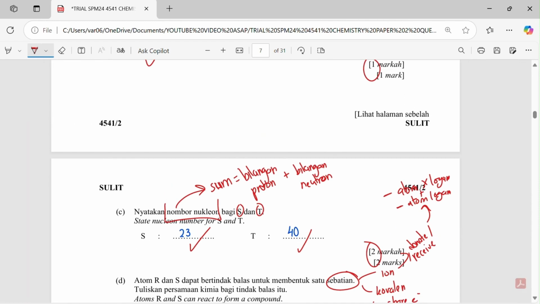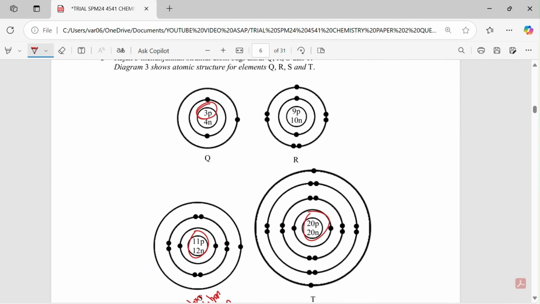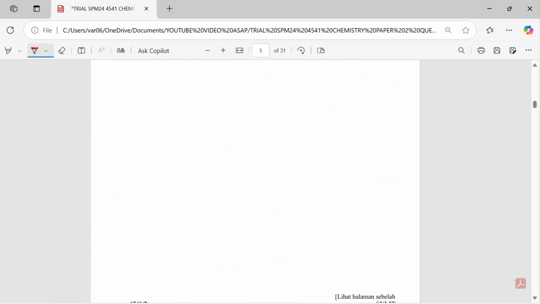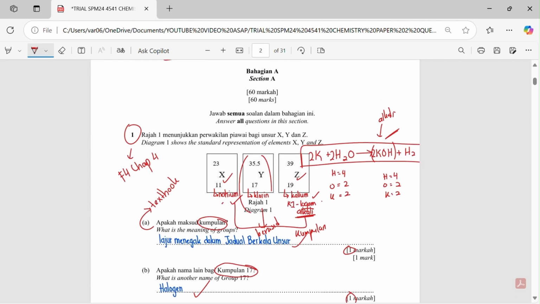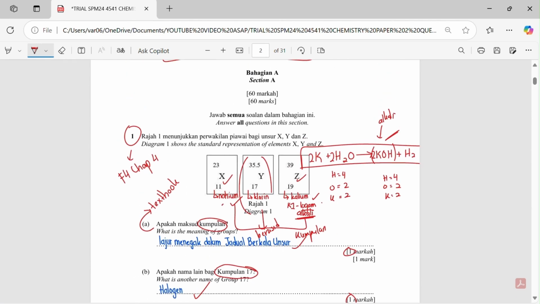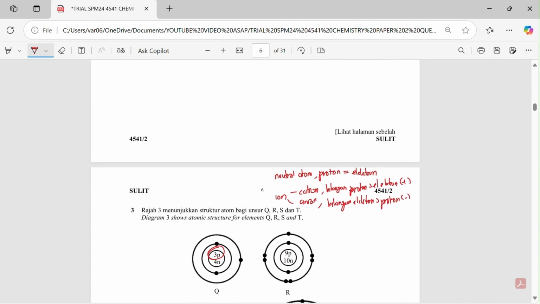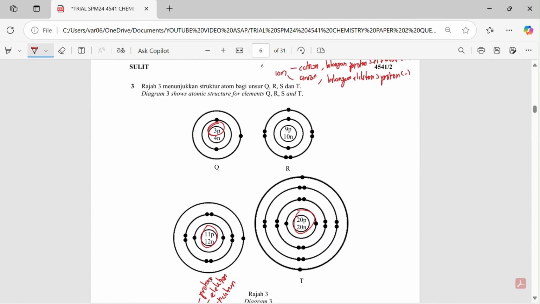Okay. So, now they said atom R and S. Okay, let's look at R and S. So as said earlier, it is better for you to identify what element it is. So go to your periodic table and identify what element it is. So Q is lithium.